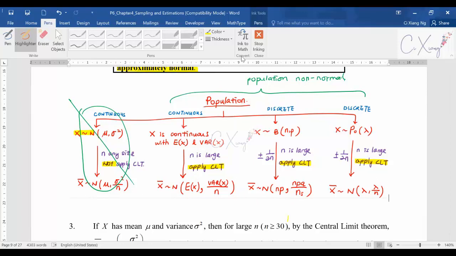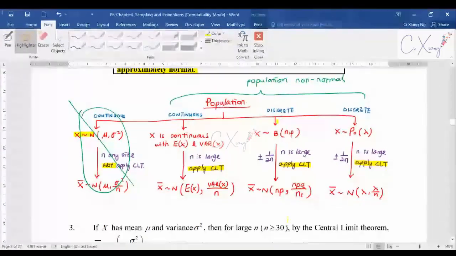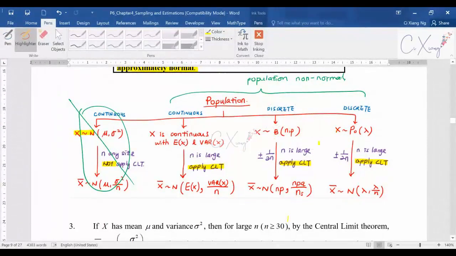If you look in detail, for populations which are not normally distributed, I separate them into three cases. The first case is a continuous population. Continuous means you find the probability by using integration, as in chapter 3, for a continuous random variable. Then I separate out the discrete part, where we have binomial and also Poisson.